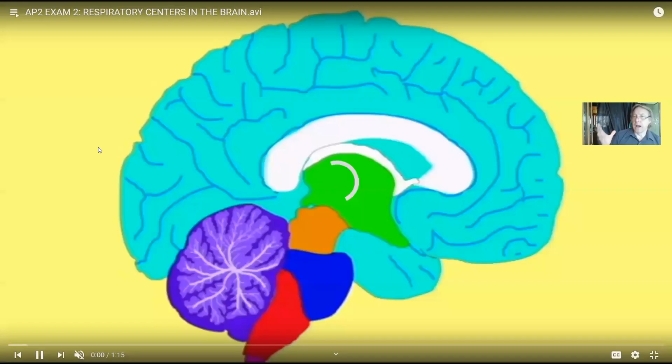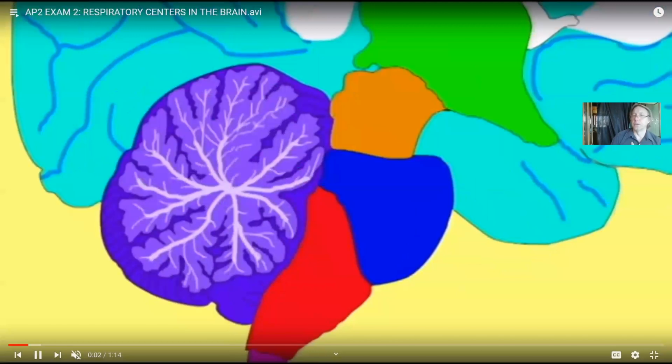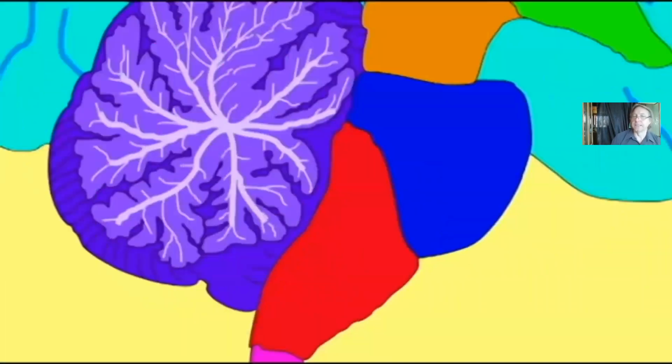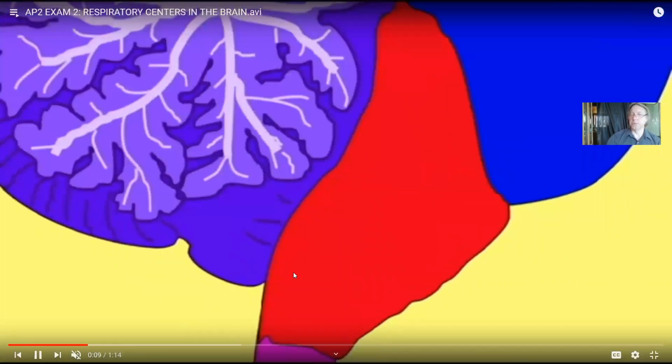So just a couple final points. Your respiratory system is something that your nervous system does have some control over. In addition to being able to voluntarily inhale or exhale, we have involuntary centers primarily in the medulla.